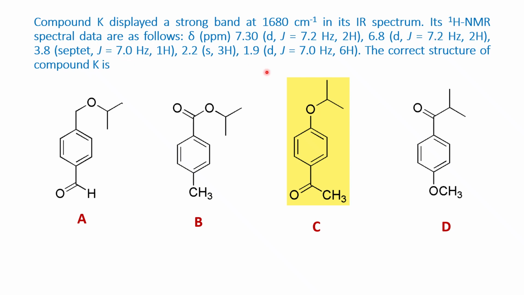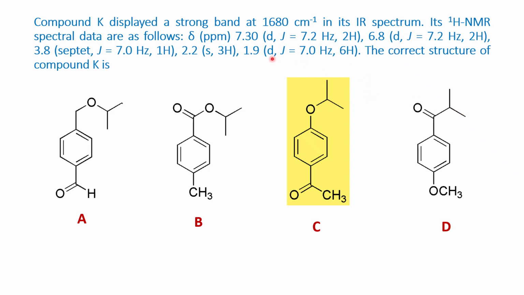Similarly, the other sets of protons also do not give us much of a clue because again they are coupled protons, due to 6 protons and 1 proton. Here we see this isopropyl group is present in both cases, and so they will both give a septet and a doublet as predicted.